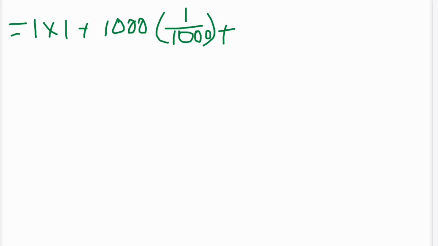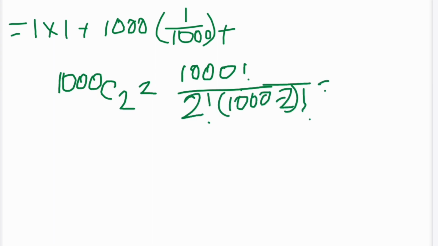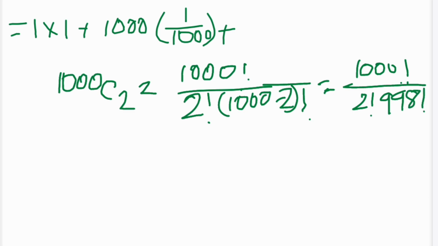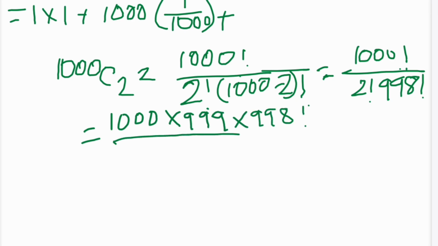Plus 1000C2, we can split it as 1000 factorial over 2 factorial into (1000 minus 2) factorial, right? That is 1000 factorial over 2 factorial into 998 factorial, right? You can write 1000 factorial, that is 1000 into 999 into 998 factorial, right?